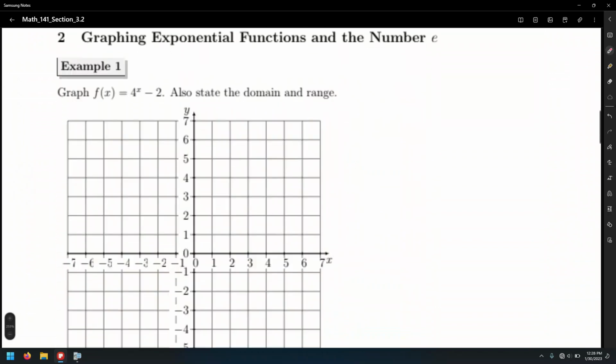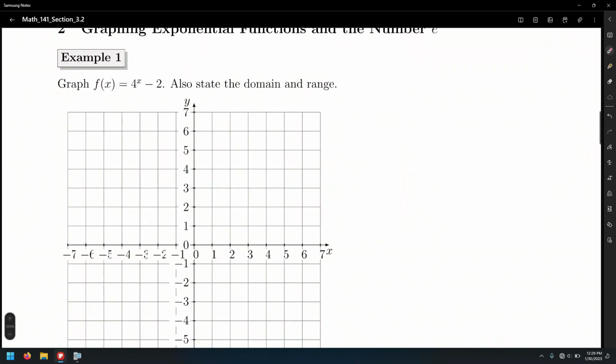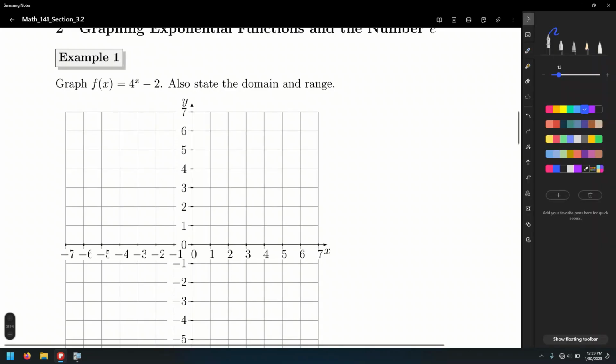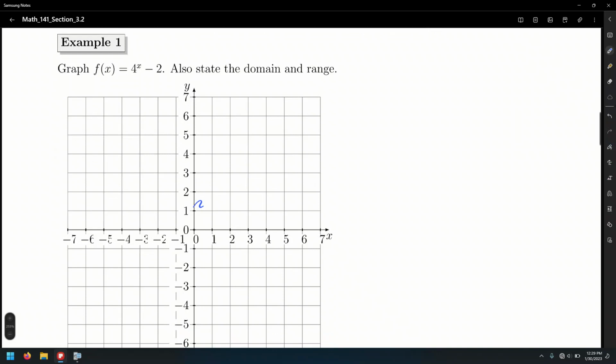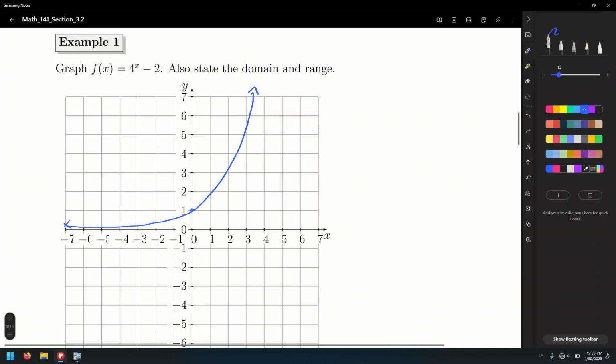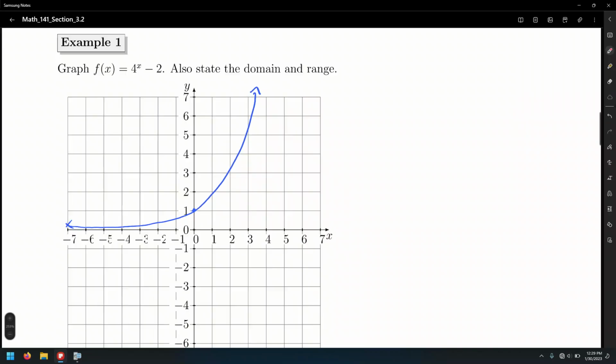Yes, graphing. Regardless of the integer base in this case, I'm just going to draw a generic graph, which is going to look like this, with a horizontal asymptote coinciding with the x-axis.